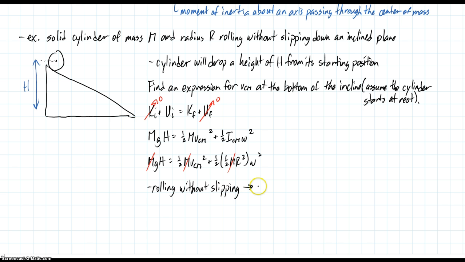then we know that the center of mass velocity is equal to r omega. And so r squared omega squared is equal to v squared.